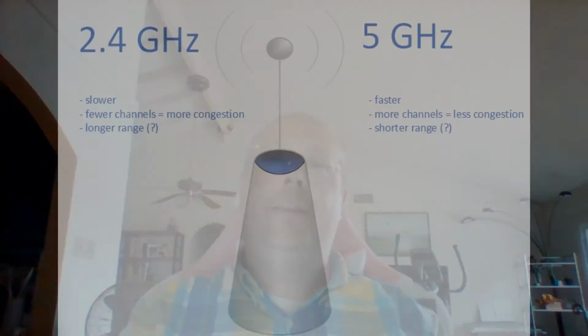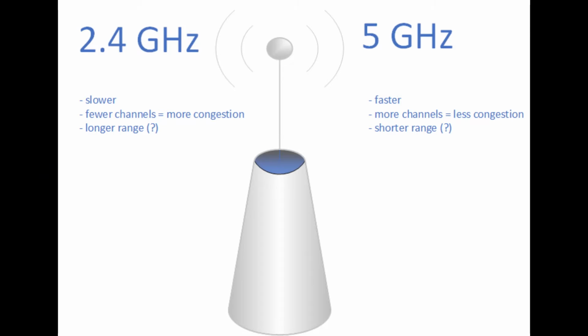To recap from the first video, my idea for this project was to explore how range differs between the 2.4 GHz and 5 GHz Wi-Fi bands as seen in the field. I used my neighborhood as a laboratory.